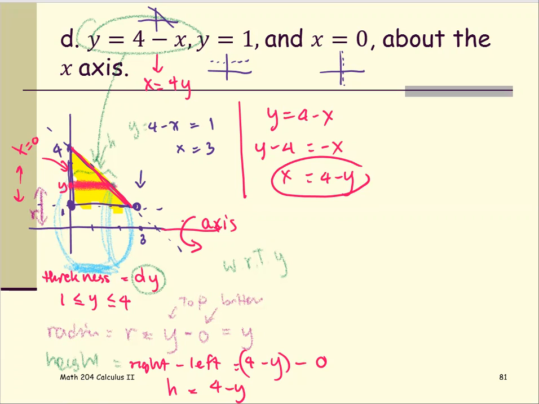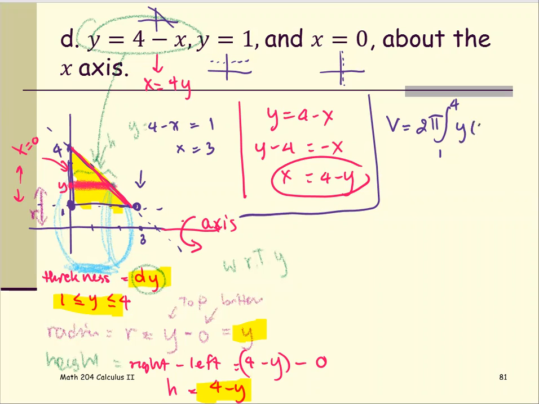Now we get all pieces. So I'm going to highlight. We have dy as the thickness, we have the interval, we have the radius, and we have the height. That means the volume can be set up as 2 pi as the coefficient, integral from 1 to 4. The radius is y.